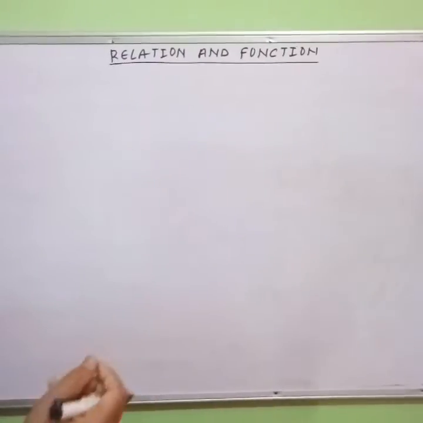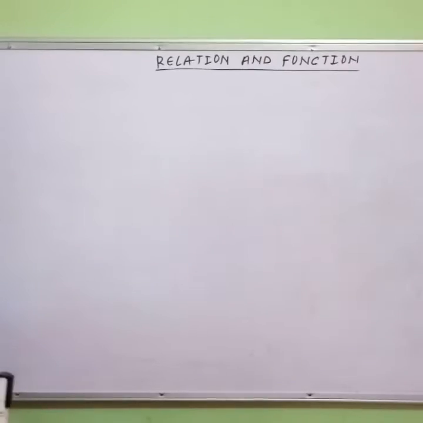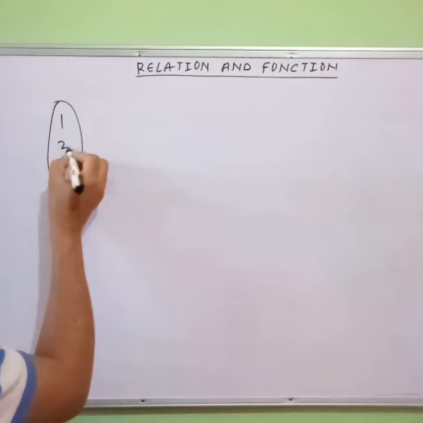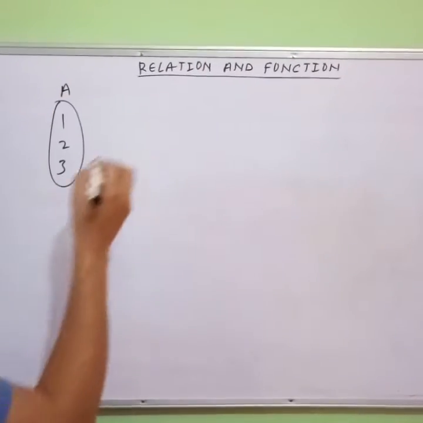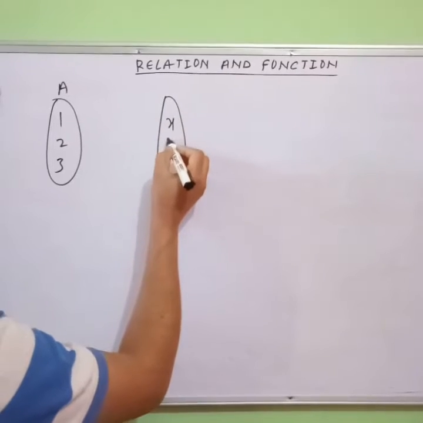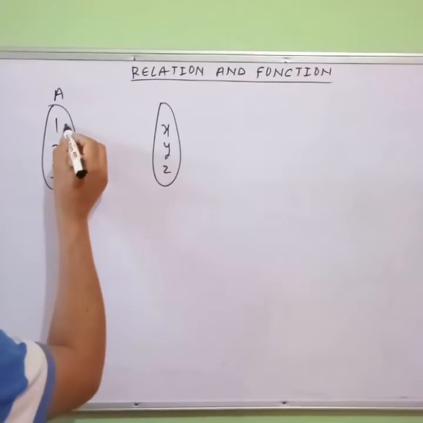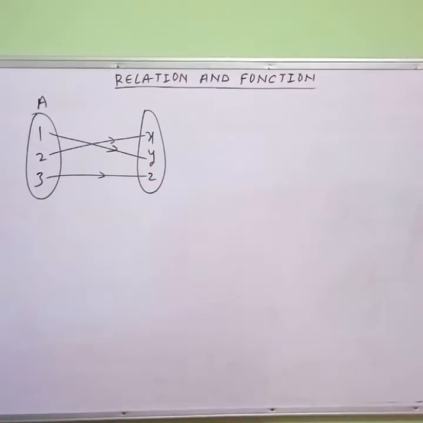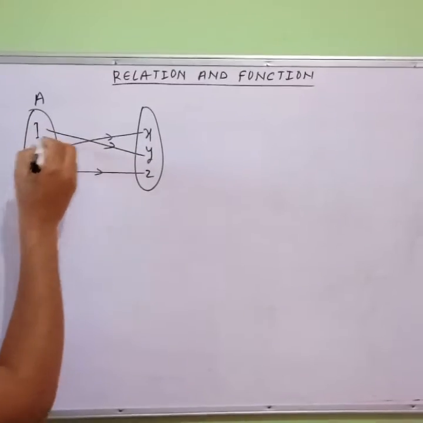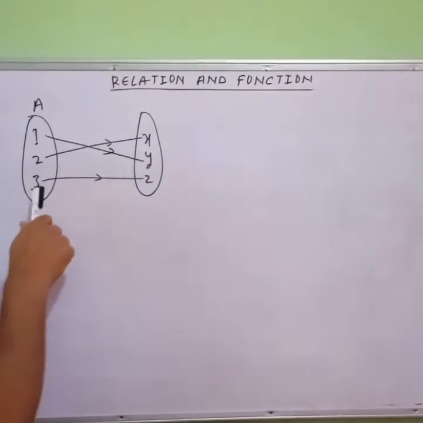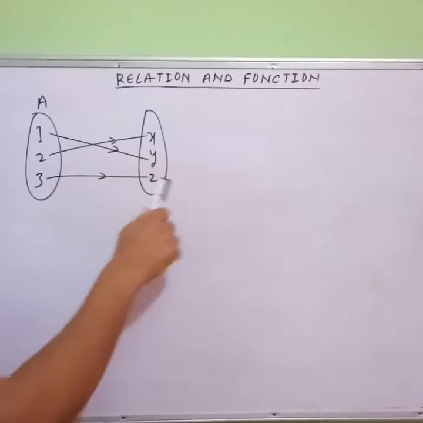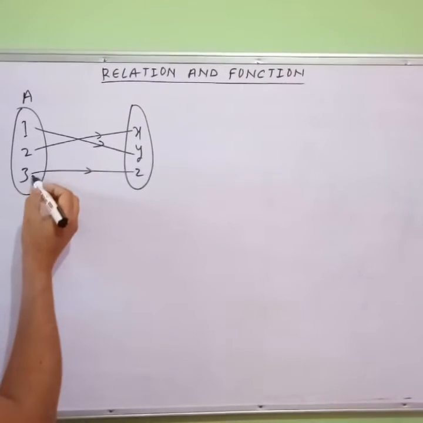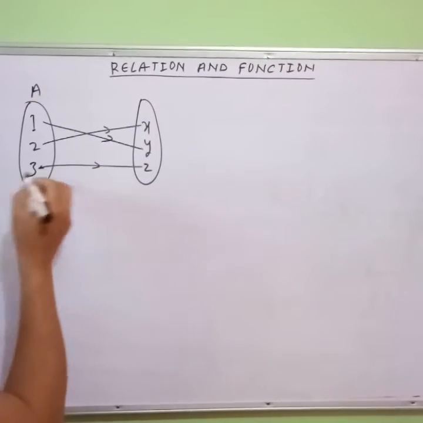अब हम फंक्शन को कैसे आइडेंटिफिकेशन करेंगे कि ये फंक्शन है और ये फंक्शन नहीं है। सपोज हमारा ए सेट है, इसमें 3 एलिमेंट है और इसमें सपोज 3 एलिमेंट, इसकी मैपिंग इस तरीके से मैप्ड हो रहे हैं। तो यहाँ पे अकॉर्डिंग टू डेफिनेशन ऑफ फंक्शन, every element in set A has exactly one image in set B. So it means that every element of set A is mapped and only one image.